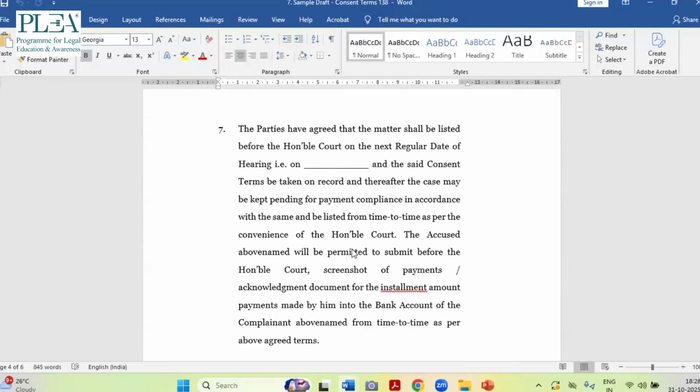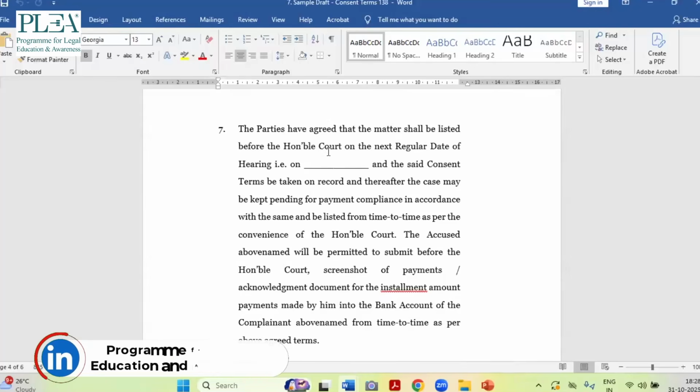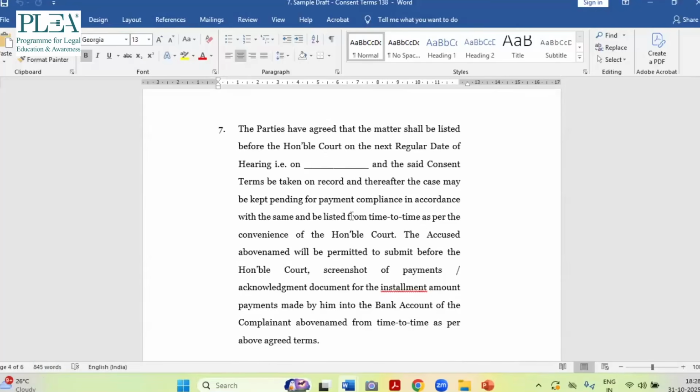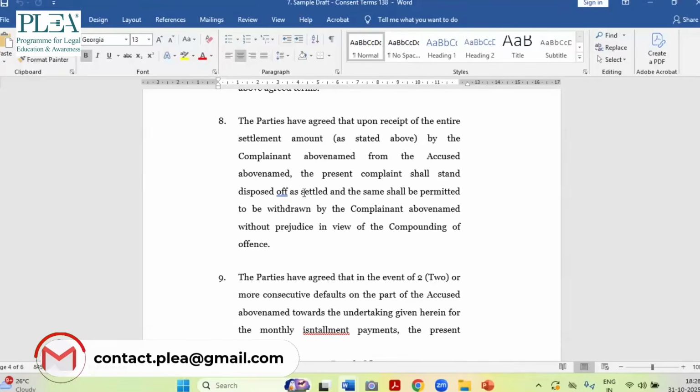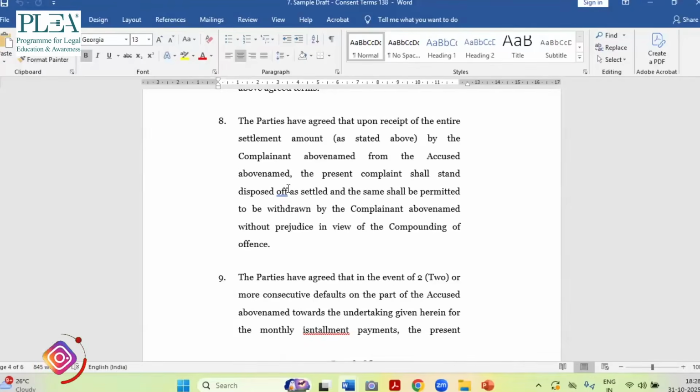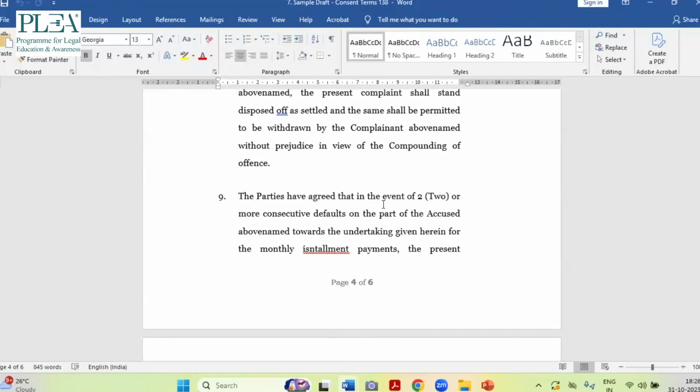Now, these consent terms have to be accepted by the regular trial court when forwarded by the mediator, and may be taken on record, and from time to time the accused may be permitted to submit screenshots of the payments. Upon receipt of the entire amount, the case will be disposed of as settled, compounded basically.